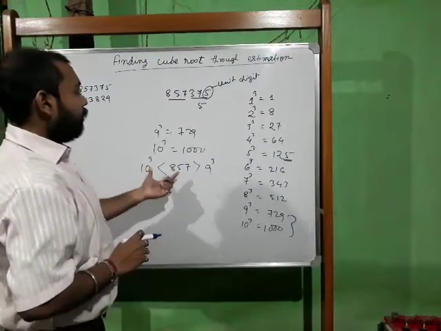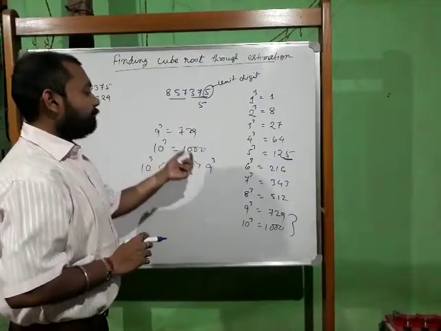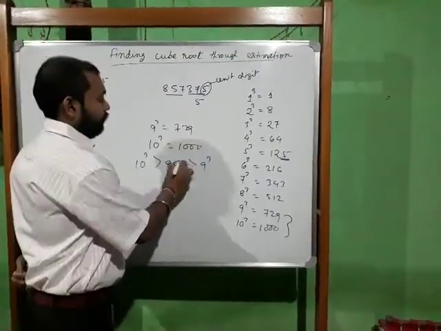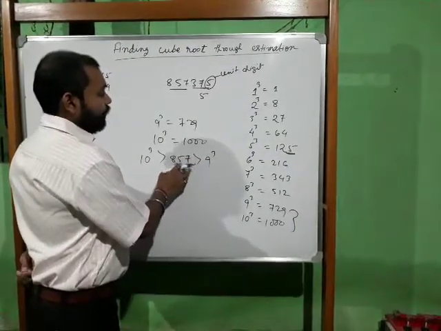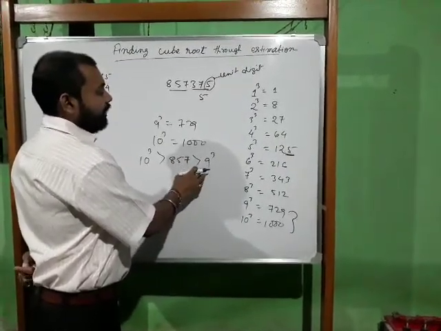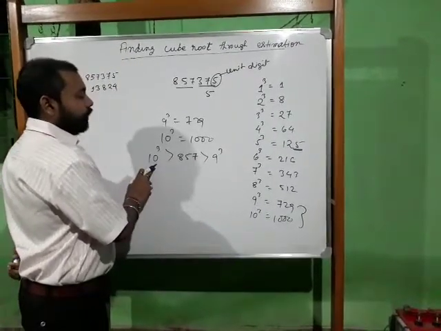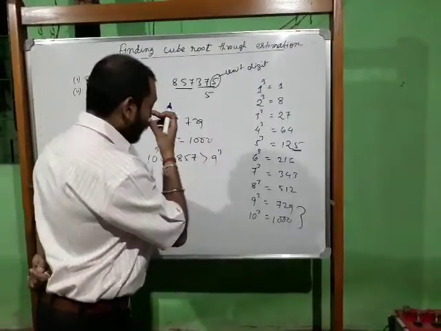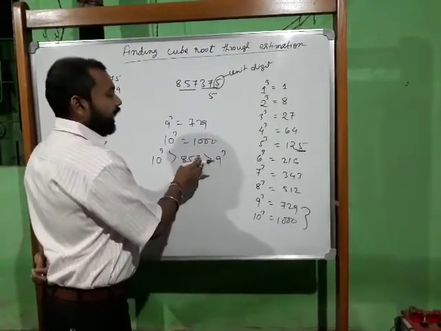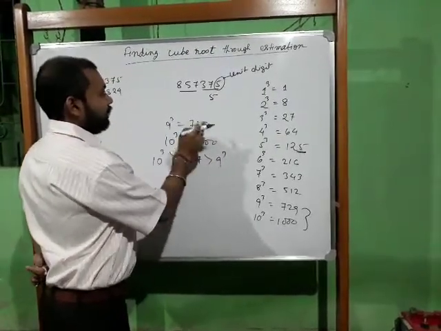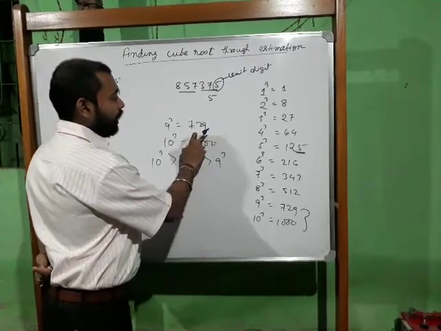So here what do we have to do? We have to take the smaller one, that is 9 cube, which means 729.